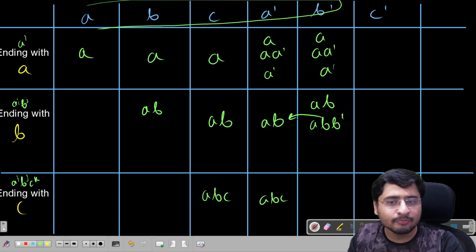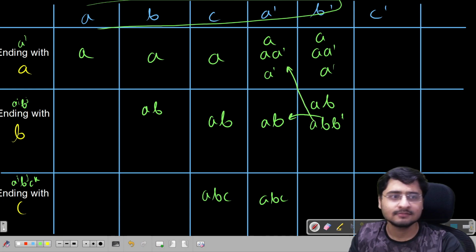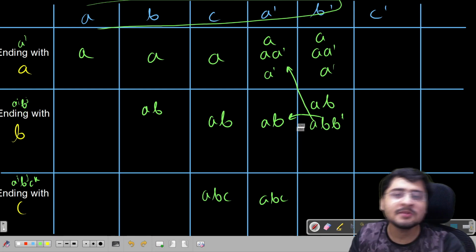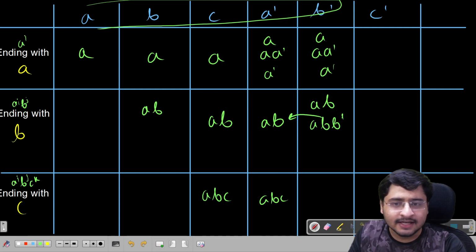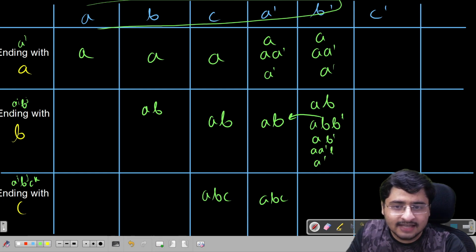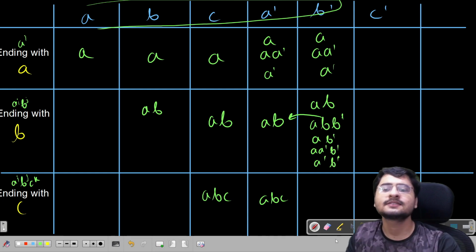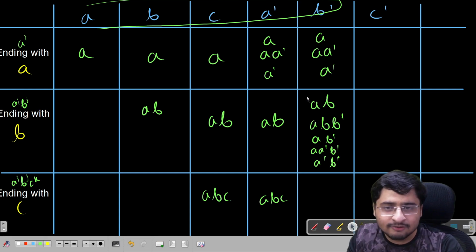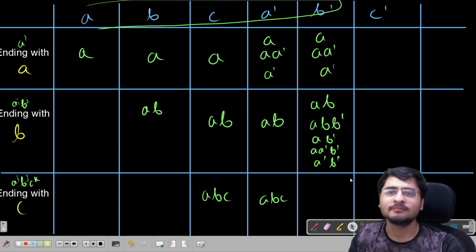B can stand in front of B and B can also stand in front of A because we are trying to form the form AiBj. So all these A's, A dash, A, B dash can stand in front of all these. So these are all the formations B dash is able to form.